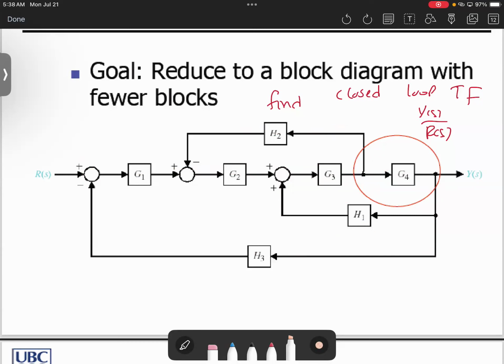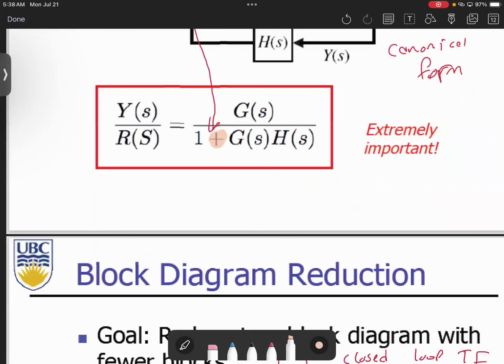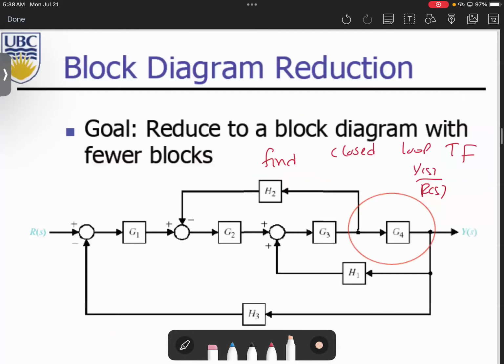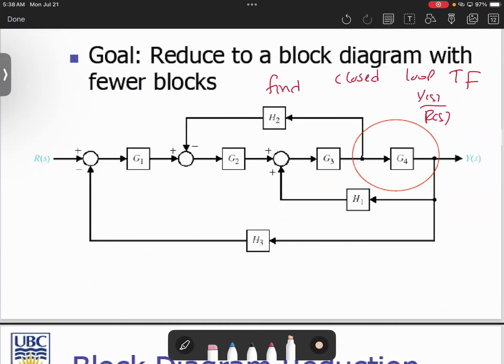Let's try to use the rules that we learned here. I think there were 7 rules. Let's think about this: moving pick-off points. If we move this point from here to here, what will happen? Will this make sense if I put it like this?